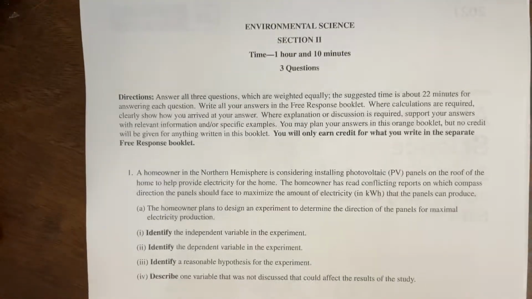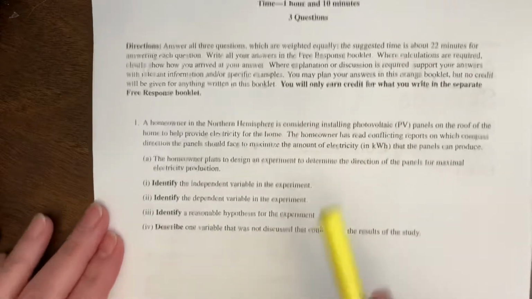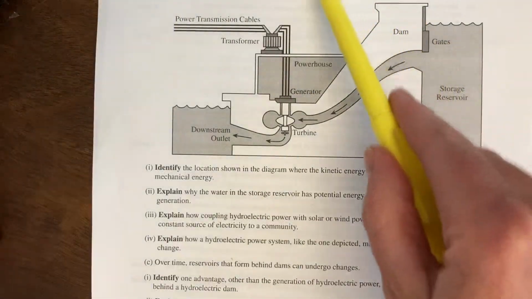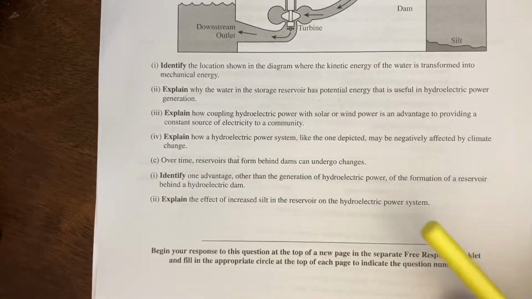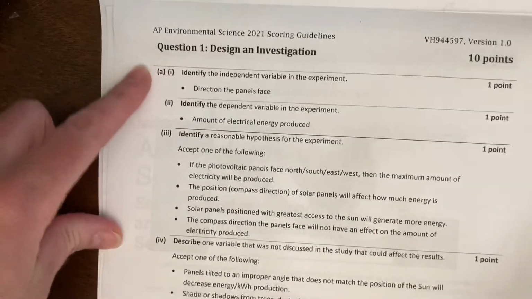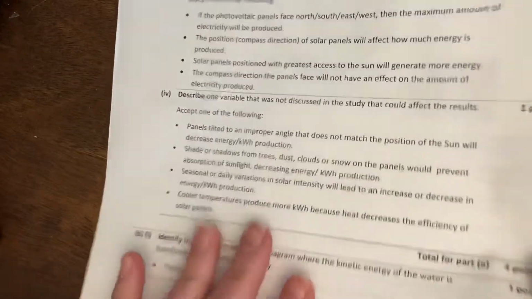So take a minute and read FRQ number 1. Pause the video, read through the FRQ. It's 2 pages long. And then take a look at the scoring guidelines. These are the scoring guidelines for the FRQ. They continue on.